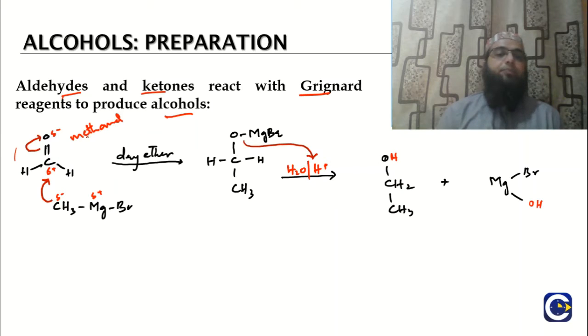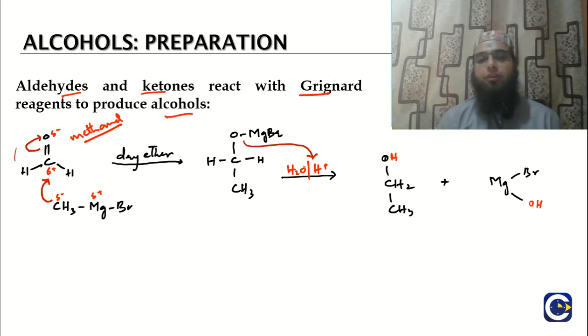The reaction takes place in dry ether. There is a shift of the pi bond towards the oxygen, and as a result we get a metal alkoxide complex. Then a simple acid-base reaction follows. The oxygen has a negative charge and will take a proton from the reaction medium.